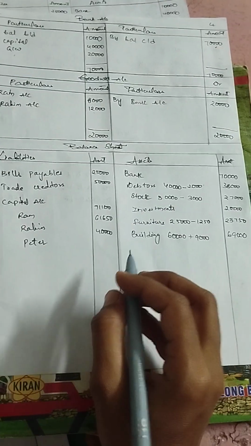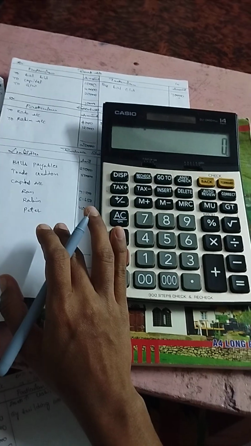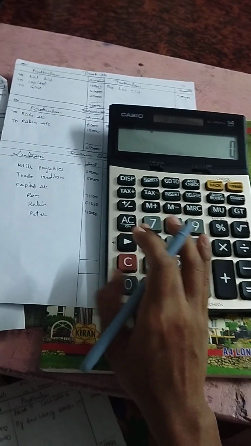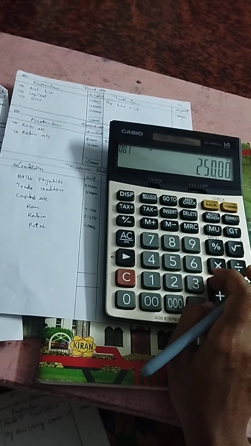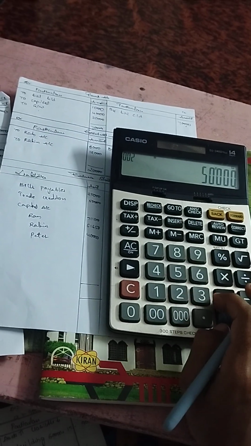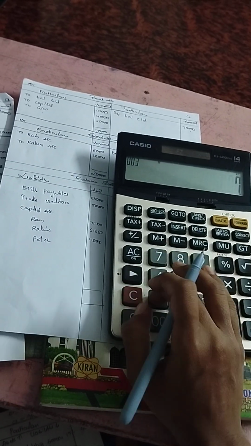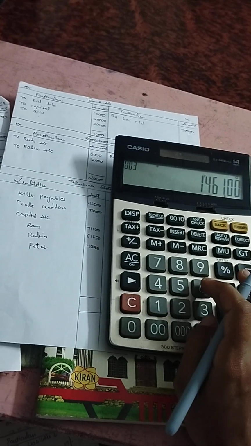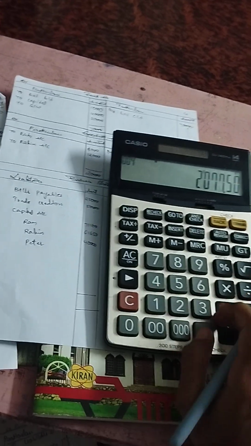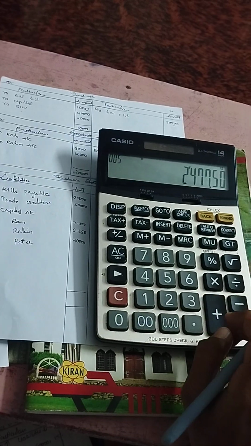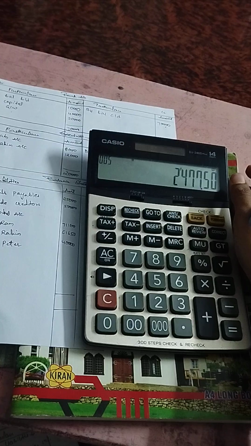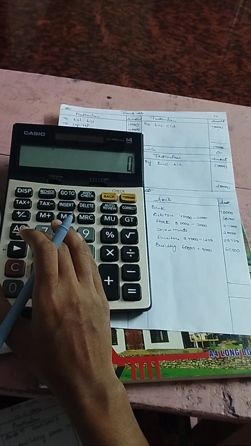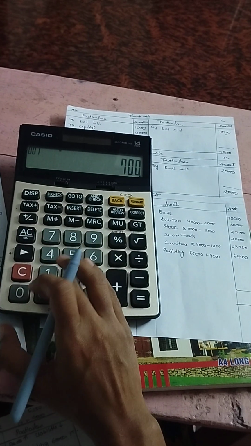Now let's do the total. Liabilities: first one is 25,000, next 50,000, next 71,100, next we have 61,650 and next 40,000. Total 2,47,750. Now we'll calculate asset side. Bank 70,000.